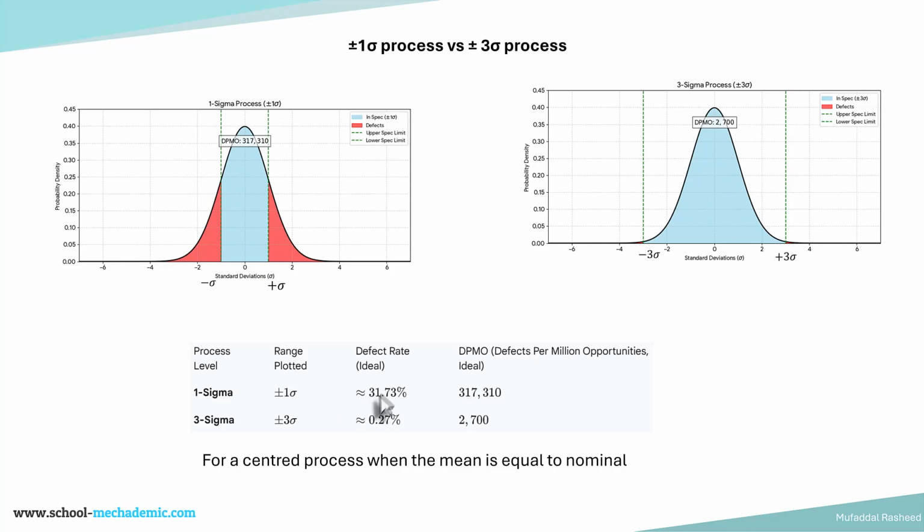That is shown in percentage over here: 31.73% defect rate in 1 sigma, and 0.27% defect rate in 3 sigma. So defects per million opportunities, that is per million manufactured parts, is 317,310 for a 1 sigma process and 2,700 for a 3 sigma process. So there is no zero defect in a 3 sigma process, but the number of defects is drastically reduced.